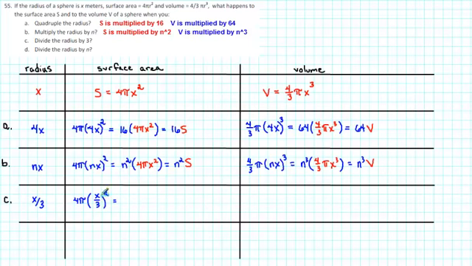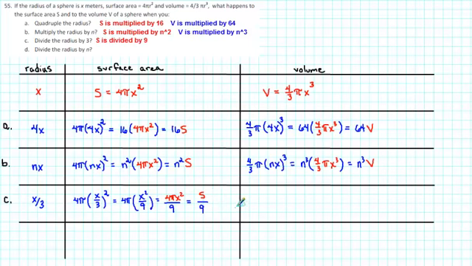When we square x over 3, we get x squared over 9. We can rewrite this expression as 4 pi x squared all over 9. But this is just S divided by 9. So when you divide the radius by 3, you divide the surface area S by 9.